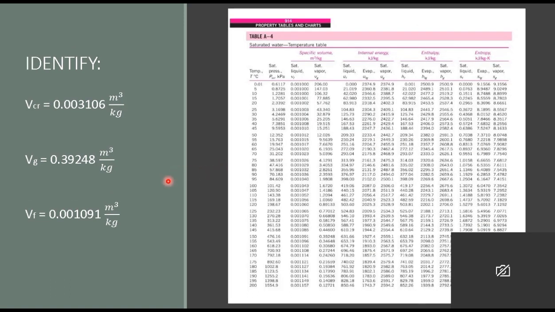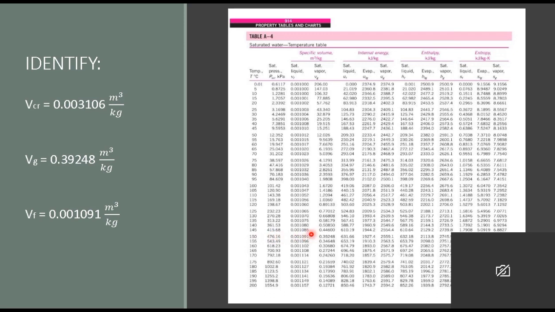Right now, let's look for the specific volume at saturated vapor and the specific volume at saturated liquid. In our problem, if you can remember, the temperature is 150 degrees Celsius. If you look closely, you can see here that this is where the 150 degrees Celsius is in our property table.